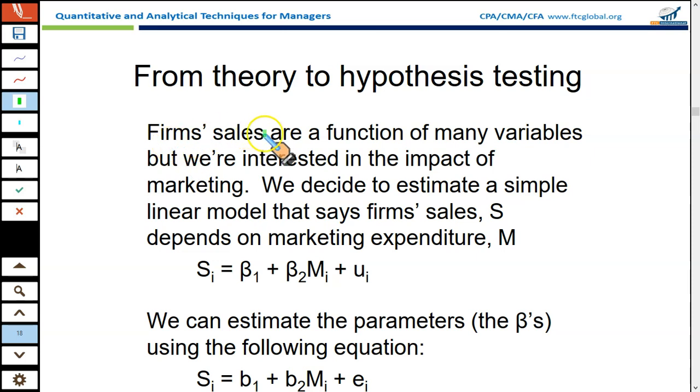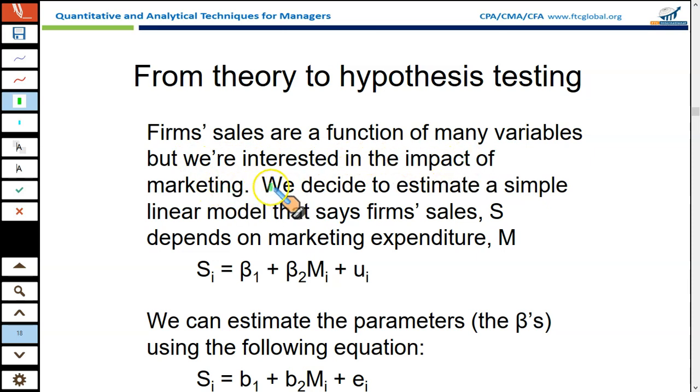So we know that firm sales are a function of many variables: interest rate in the market, disposable income, tax rates, your marketing function, number of sales employees hired, spending on advertisement, number of competitors, economic growth, and there could be many others. But we are interested in the impact of marketing alone.